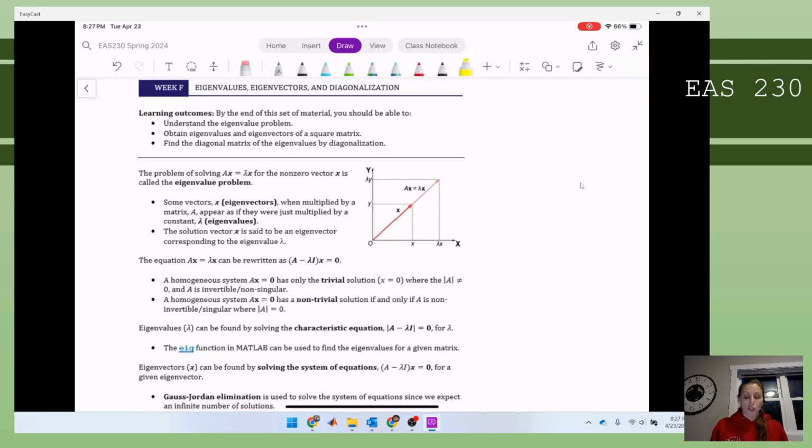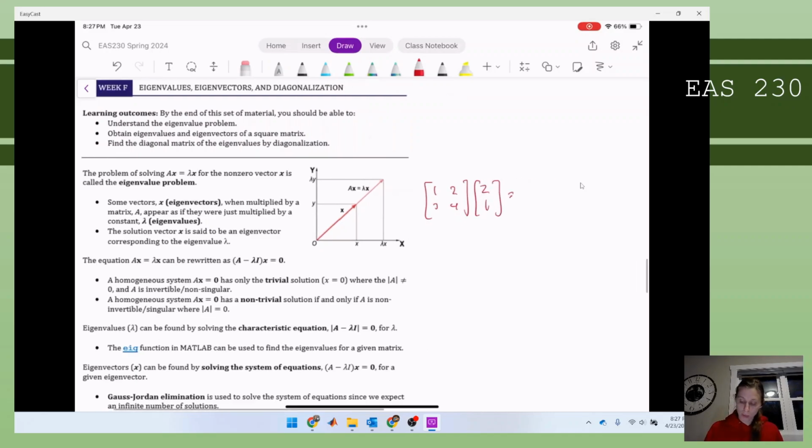So, it turns out, when we multiply a vector by a matrix, when I do this matrix multiplication, I'm going to get 2 plus 2 equals 4, and 6 plus 4, 10. Essentially, what I'm doing is moving my vector in space.